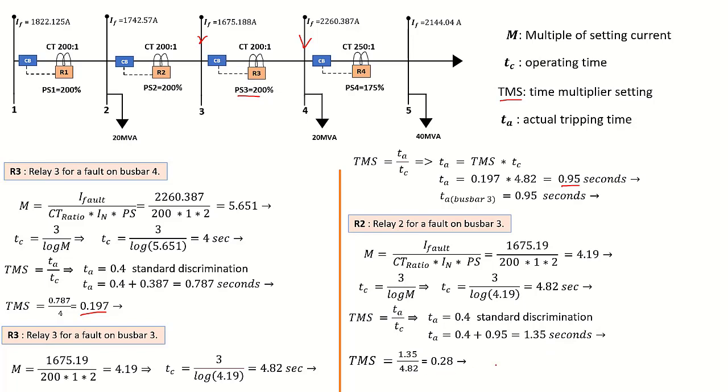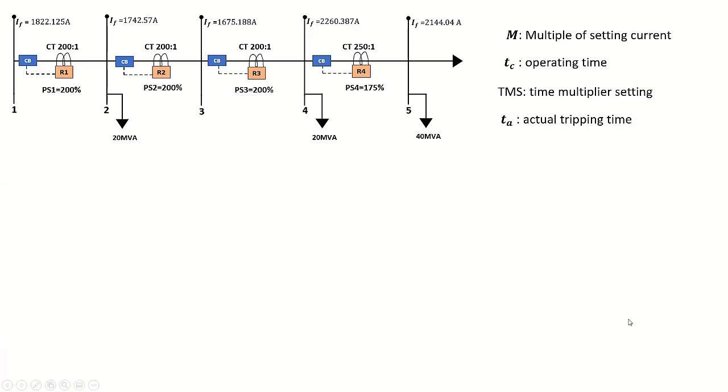So that's the time multiplier setting for relay 2 on a fault on busbar 3. Now remember, we're going to use this TMS value to calculate TA for the same relay, but this time when the fault is on busbar 2. So we know that TMS for busbar 3 is equal to 0.28.